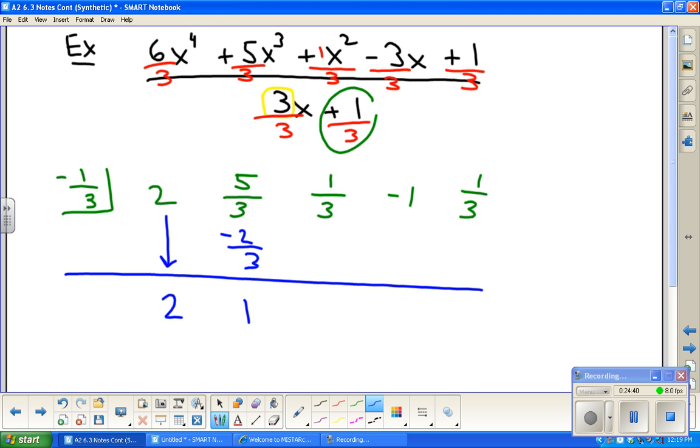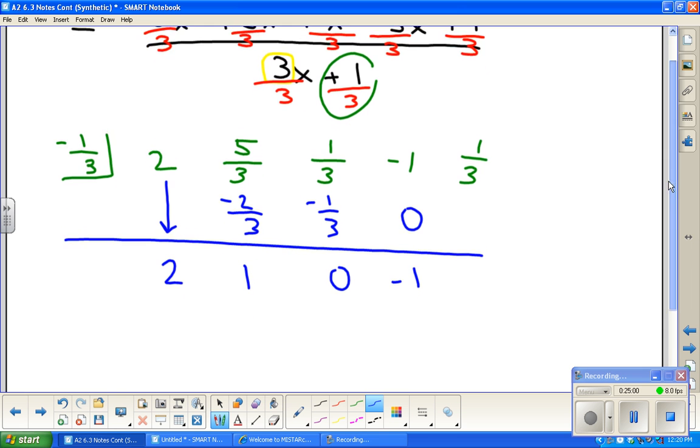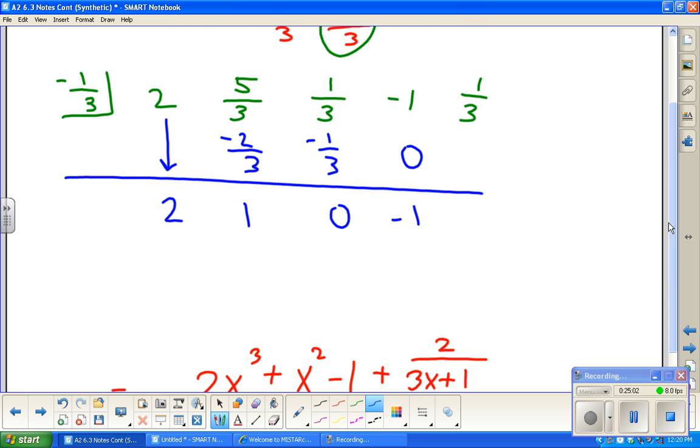And then we multiply the 1 by the negative 1/3, so negative 1/3, add those two. Okay, 0, right? Then 0 times anything is 0. Negative 1 and 0 is negative 1. And then the negative 1 times the negative 1/3 is positive 1/3. So 1/3 plus 1/3 is 2/3.